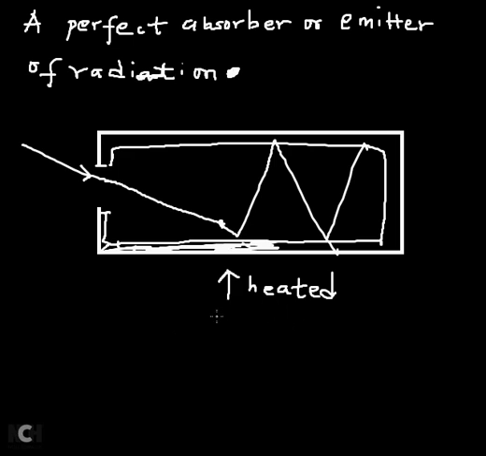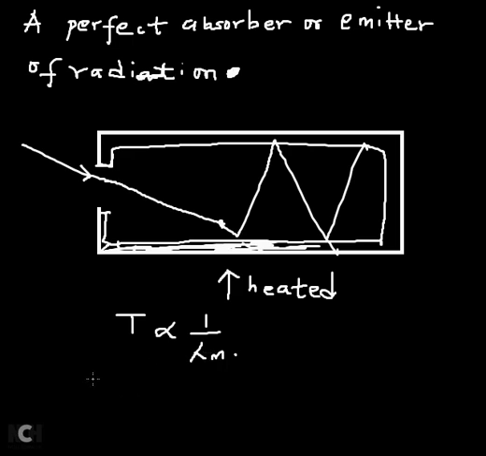The radiation absorbed by the black body container is studied for different temperatures and wavelengths. It is discovered that as the temperature of the black body increases, the wavelength of the radiation that it can emit also reduces. So what does that simply mean?